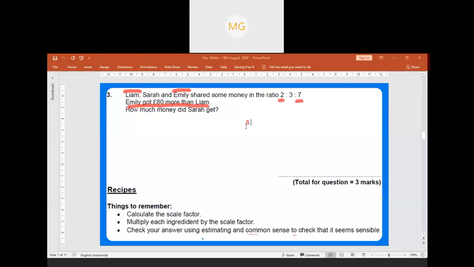So now we will use 5 equals 80 pounds. Is there anyone who is confused about why I wrote 5 equals 80? Because it says more. So we just check 7 is how many more than 2? 7 is 5 more than 2. That's why we have 5 equals 80.